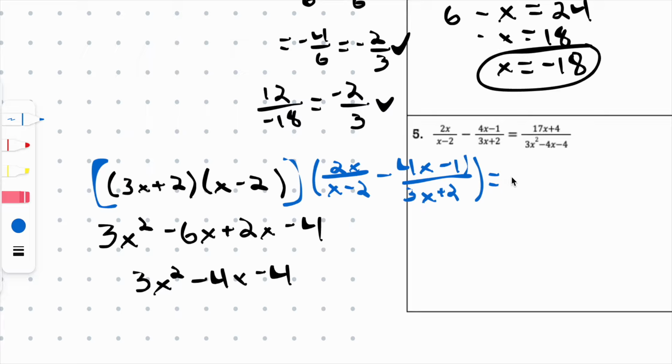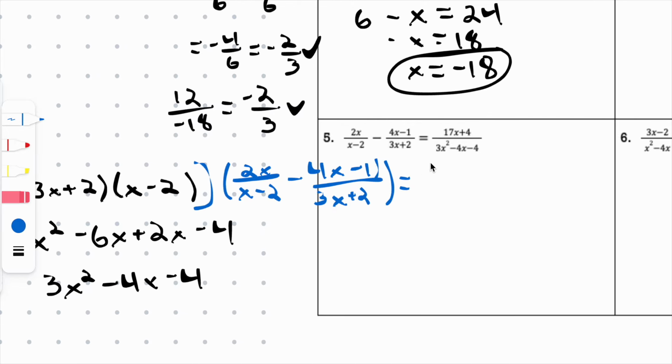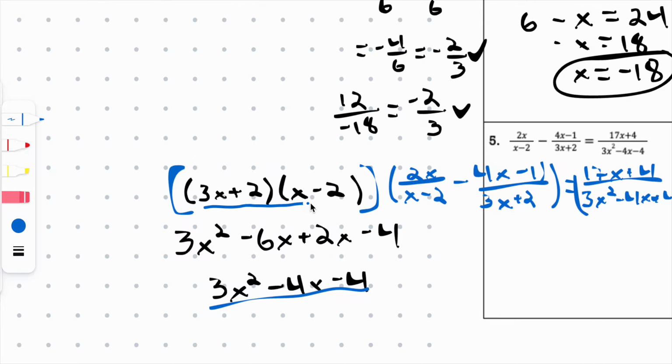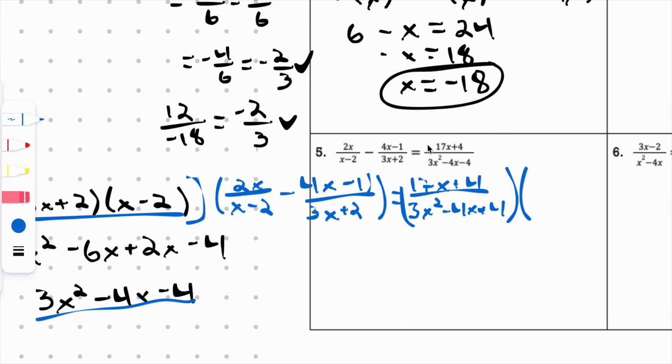And that's going to be equal to 17x plus 4 over 3x squared minus 4x plus 4, and all of that times, I'm just going to write this, but these two are equivalent, so I'm going to write times 3x squared minus 4x minus 4.